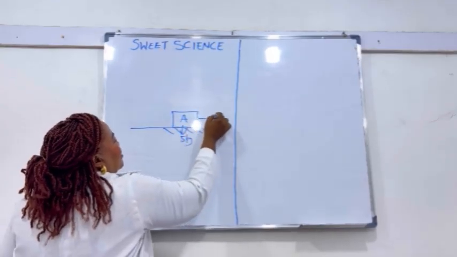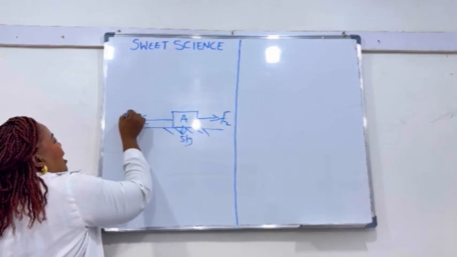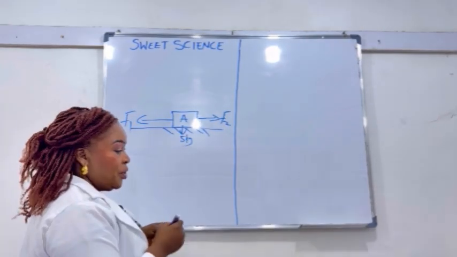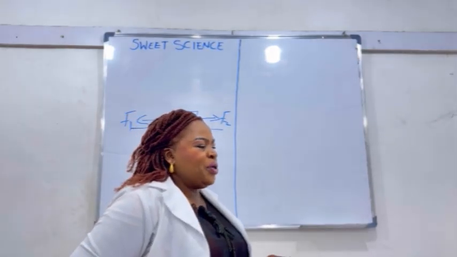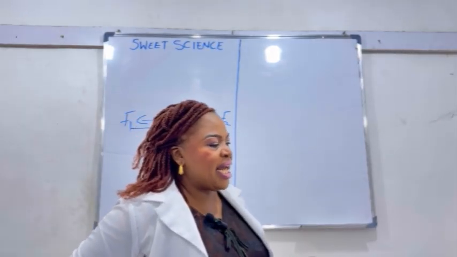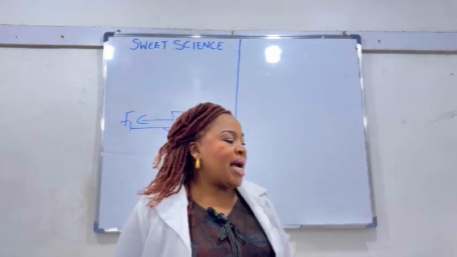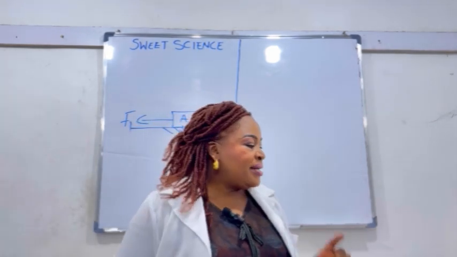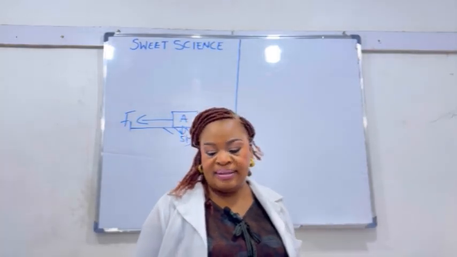And then this is force F2 and this is force F1. So let me repeat the question again. It says the diagram below shows two forces F1 and F2 acting on an object A of mass 5 kilograms resting on a frictionless surface S.